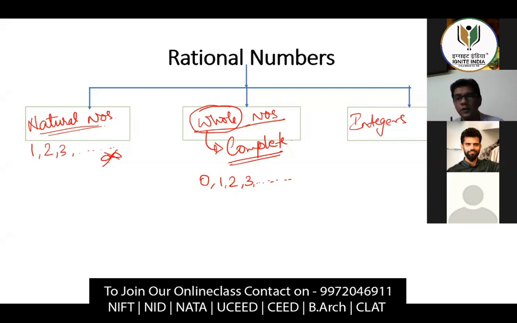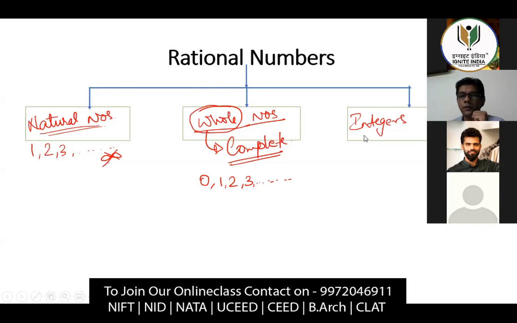You don't say I have 1/3 and 2/3 objects, though both of them are part of the same object, which means that even if you break it, they individually are complete in itself, and thus they always become a part of whole numbers. Okay? Clear? Right.